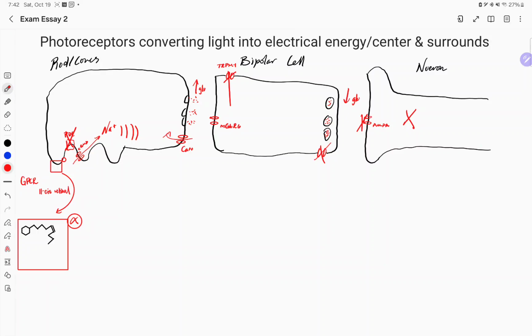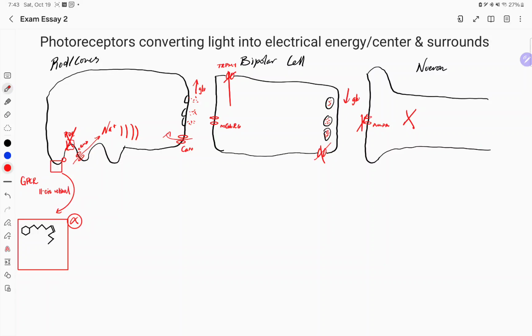Which again makes sense because beginning with the GPCR protein, that 11-cis-retinol is not being converted. So that's the pathway of converting light into electrical energy from these photoreceptors to these neurons that travel to the brain.